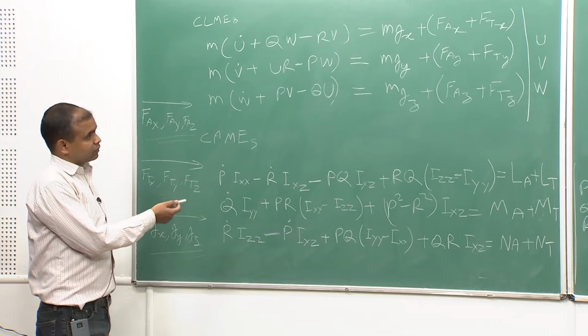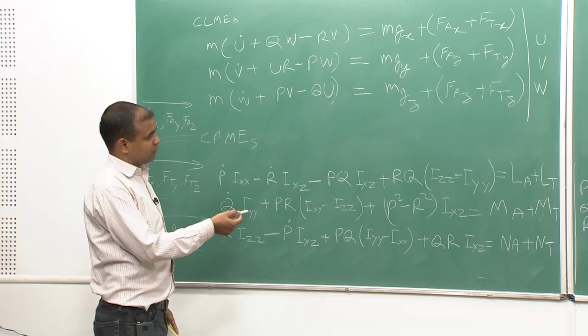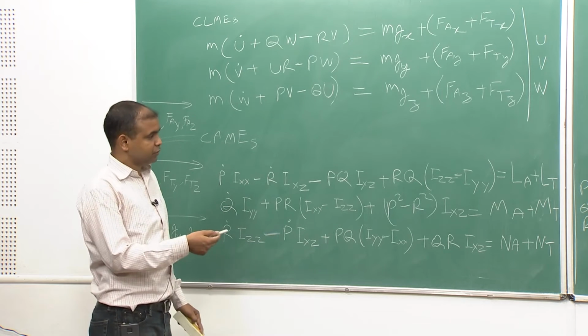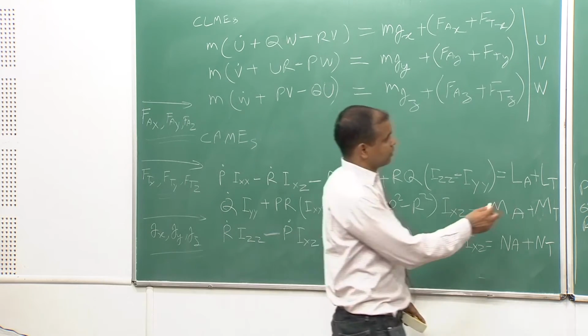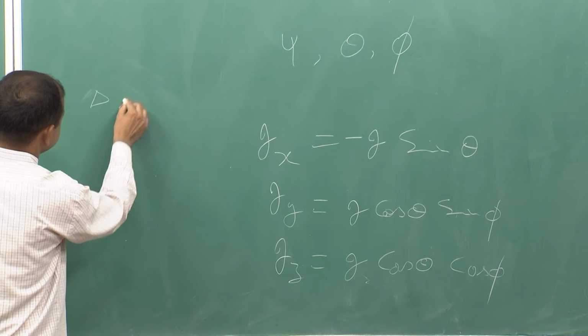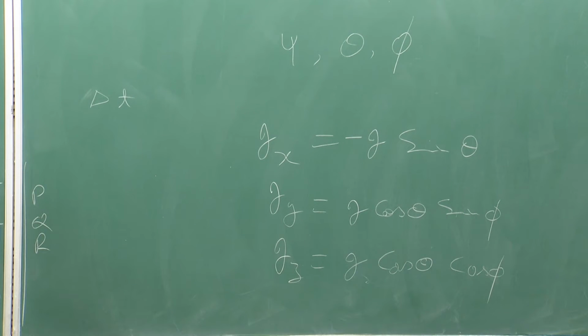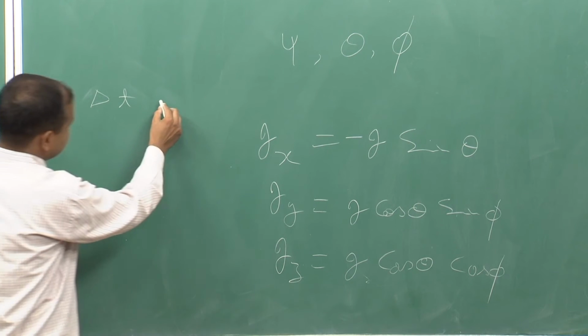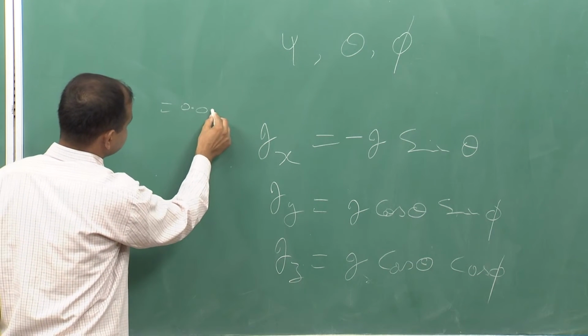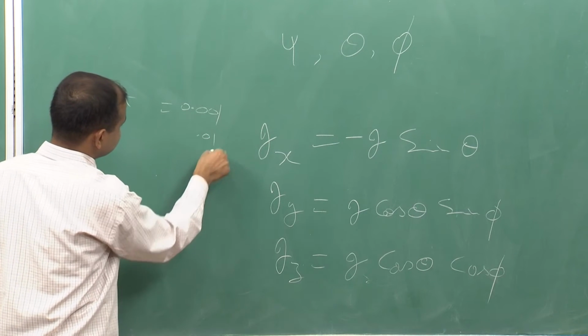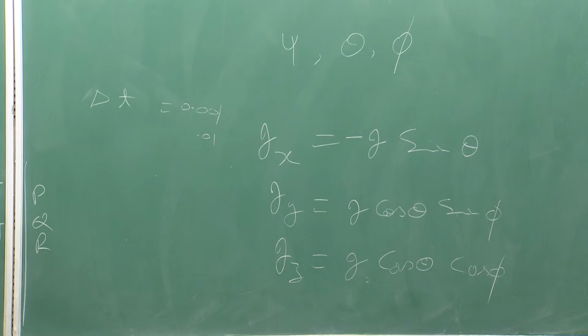You can solve this set of equations in iterations using some numerical method, and if you are solving it for a small time delta t, suppose it is 0.001 second or 0.01 second, usually we keep it very small.